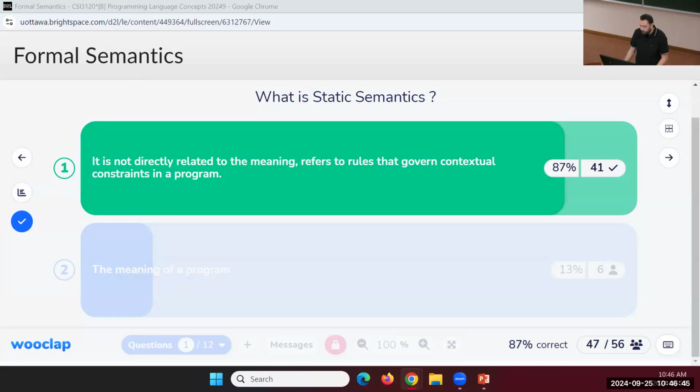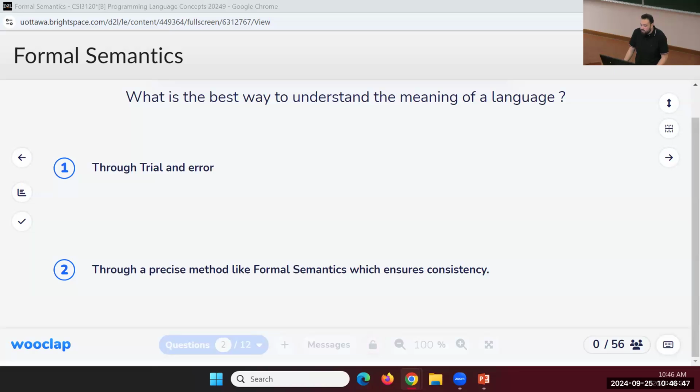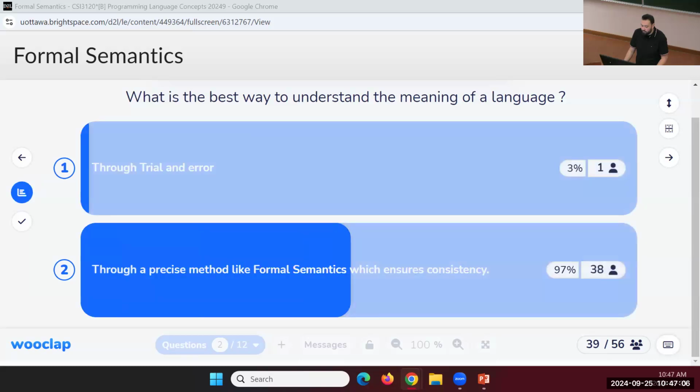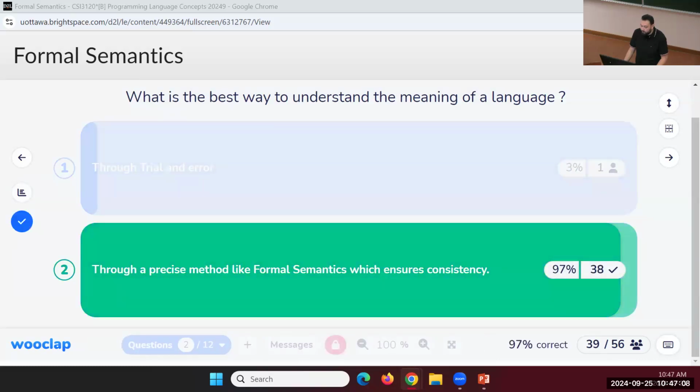Okay. So what is the best way to understand the meaning of a language, guys? If I want to understand the meaning of a language, should I do trial and error, where I'm going to try it, or use a precise method like formal semantics, which ensures consistency? Exactly.